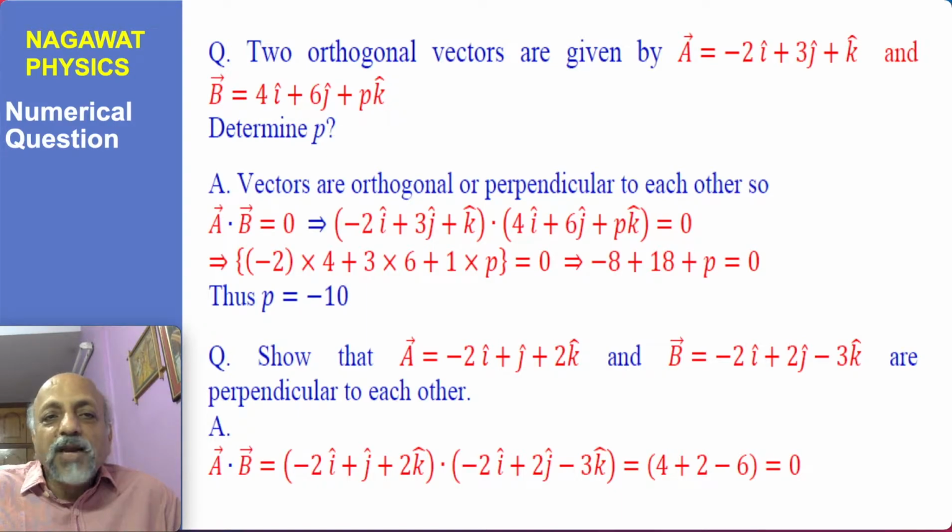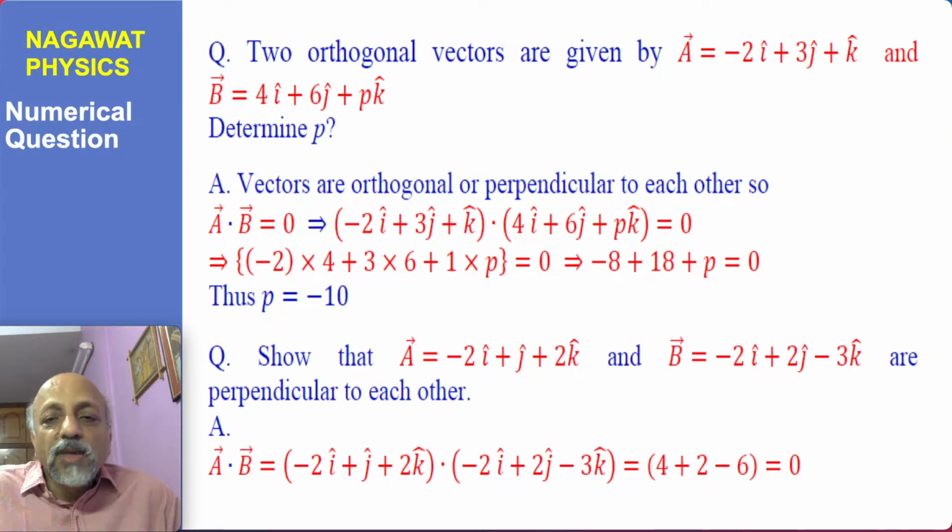So determine A dot B in this particular case when A is given as minus 2i plus 3j plus k and B is given as 4i plus 6j plus pk. So I determine A dot B, and by doing the calculation in the same manner, minus 2 into 4 gives me minus 8, 3 into 6 gives me 18, and 1 into p gives me p.